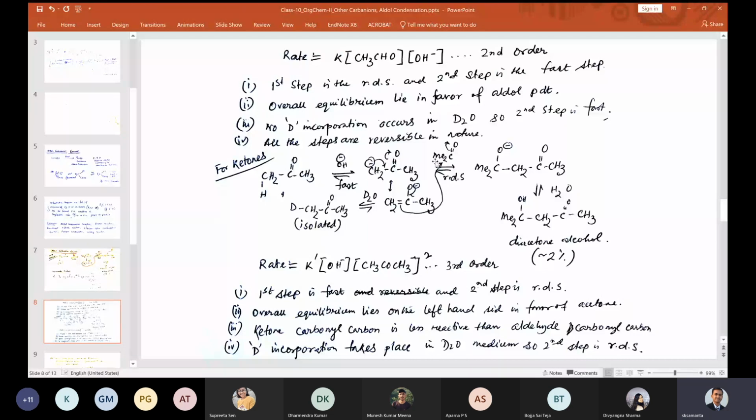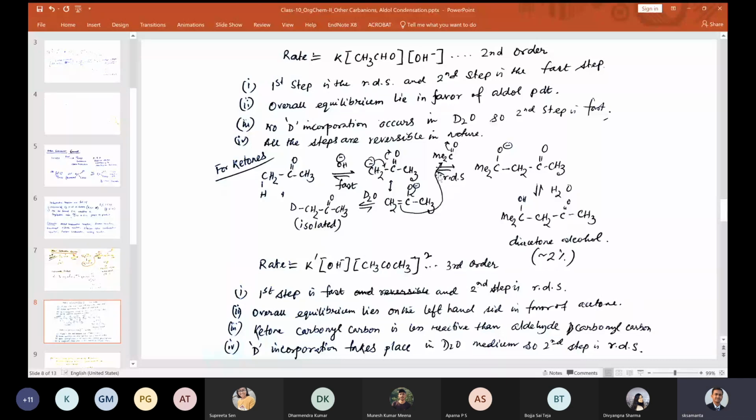The second step, which was fast in the previous case, now becomes the slow step, and the first step becomes the fast step. So the base picks up this proton in a fast and reversible step, but this carbanion reacts with acetone in a slow and reversible step.